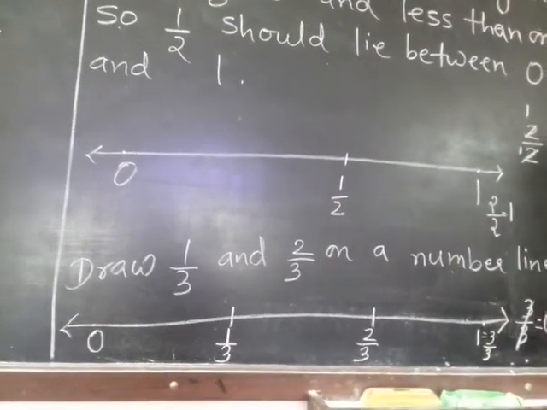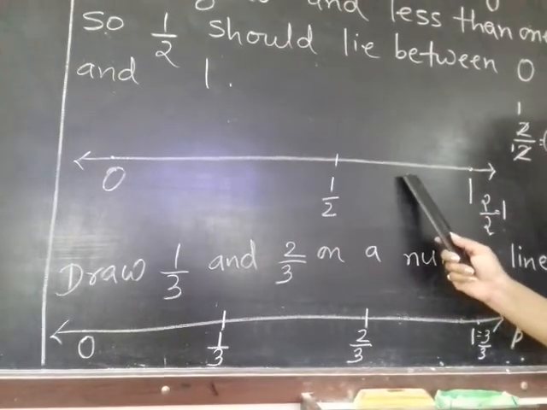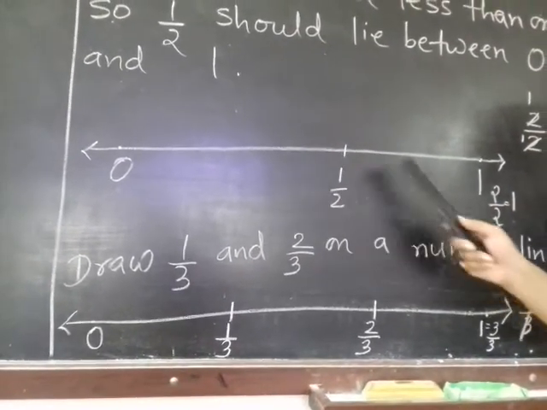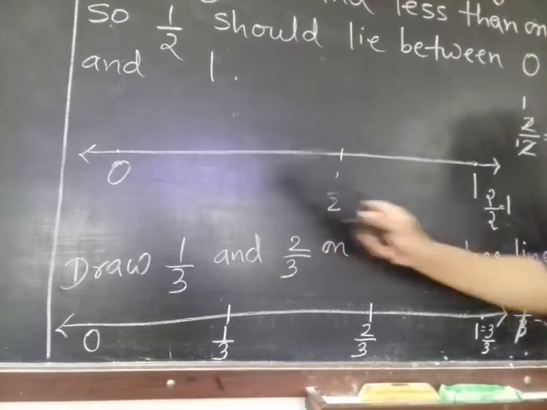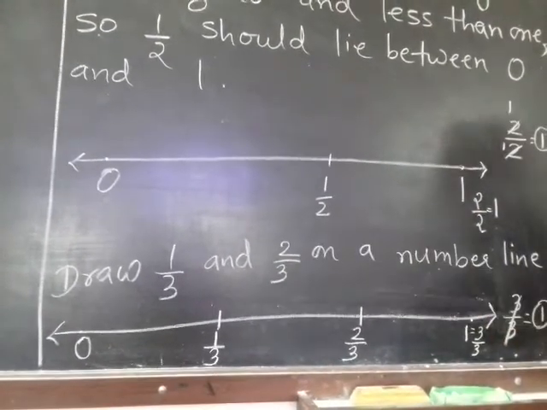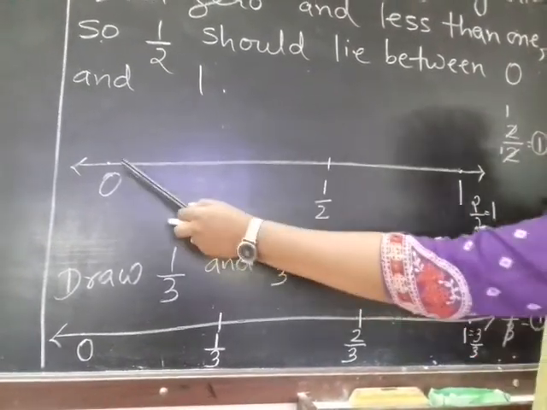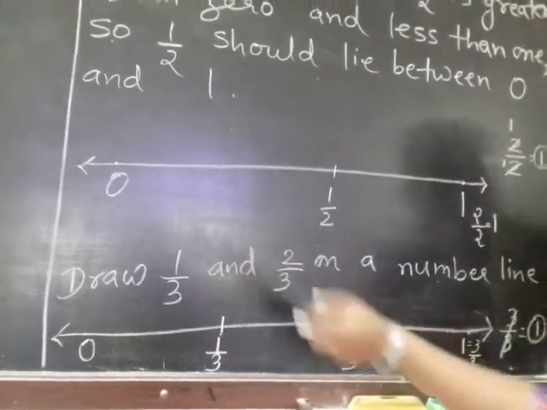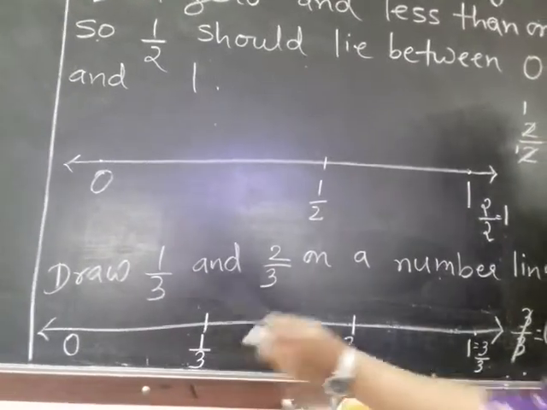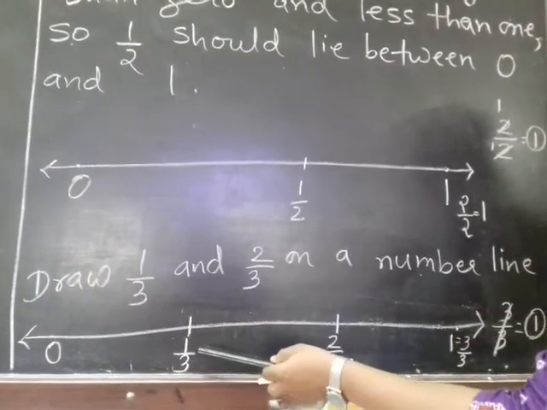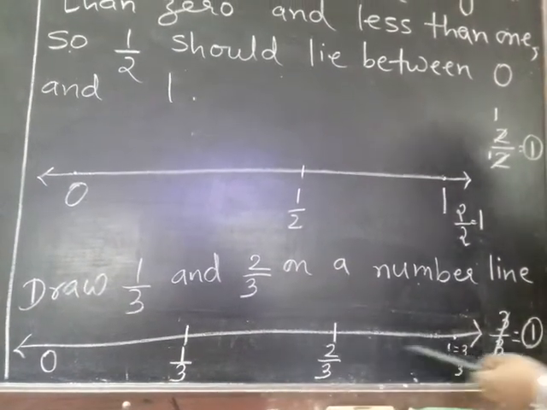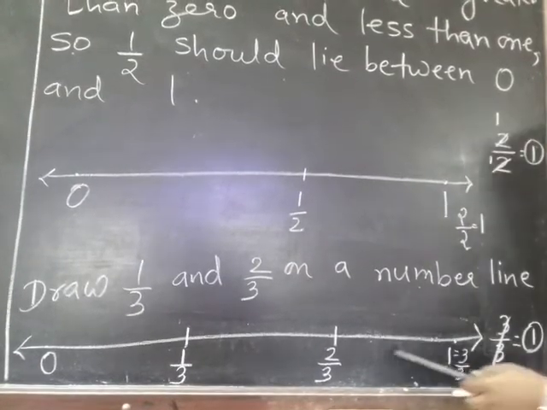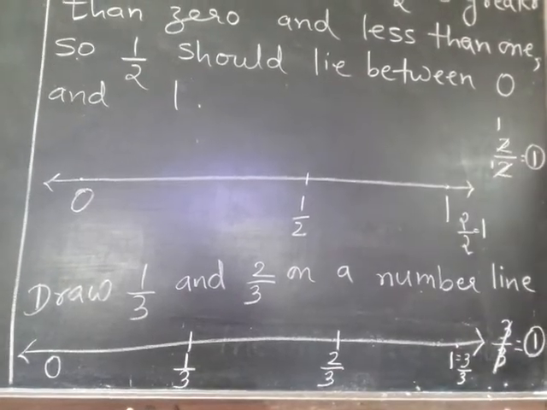And listen children, whenever you show fractions on a number line, in between the numbers they should be equally parted. Can you see here half? When I showed it, this half is exactly half of 0 and 1. So they have equal distance. Now for 1 upon 3 also I made 3 parts of equal distance.